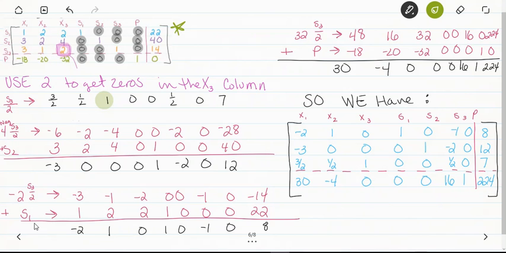So I've got my S1 row is -2, 1, 0, 1, 0, -1, 0, 8. The S2 row is here, -3, 0, 0, 0, 1, -2, 0, 1, and 12. And the S3 row is the row we got by multiplying by a half.